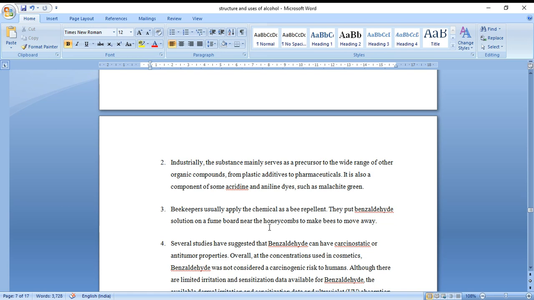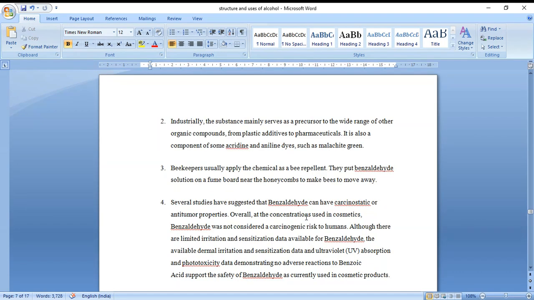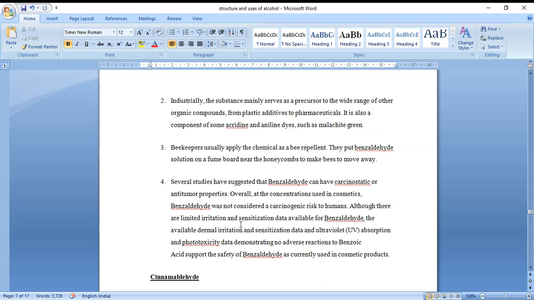Benzaldehyde is also used as a carcinostatic and anti-tumor agent. Carcinogenic is different from carcinostatic. Carcinogenic is nothing but something which may cause cancer. Carcinostatic is nothing but something which avoids cancer or which has anti-tumor properties.